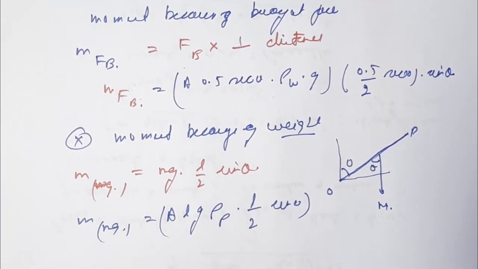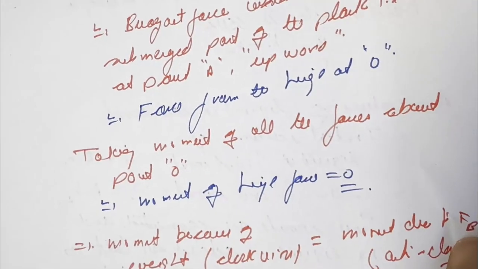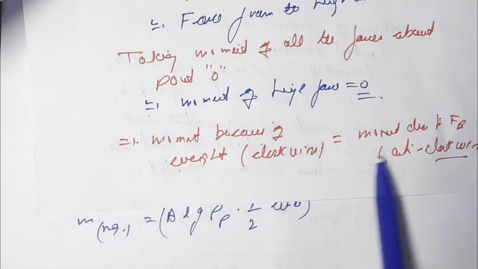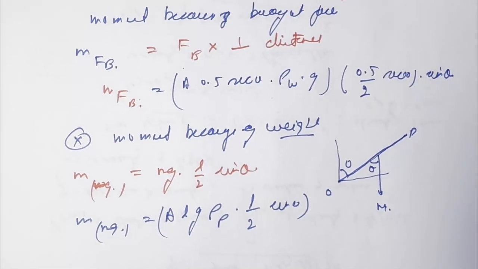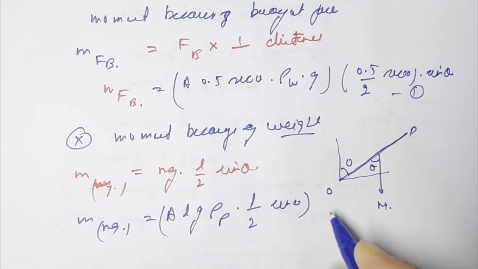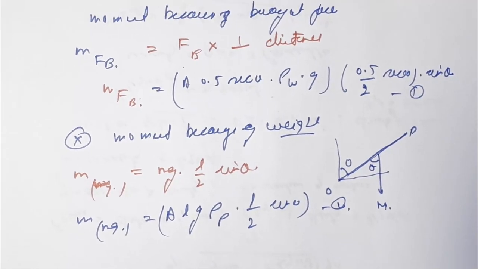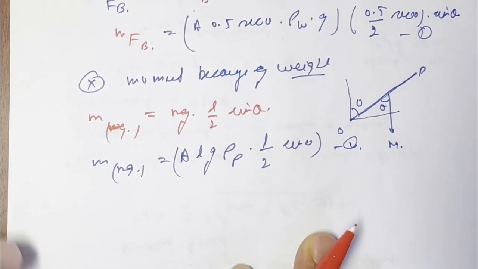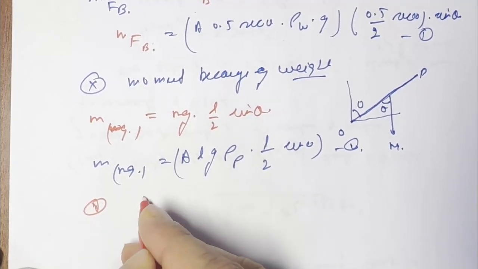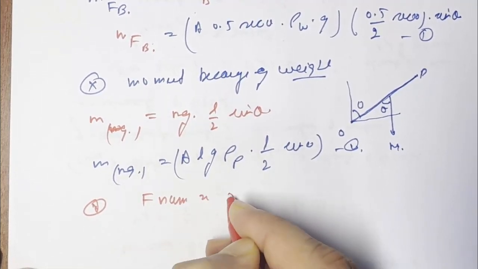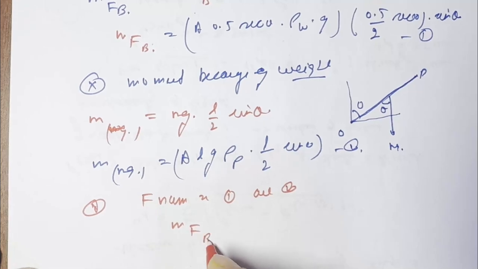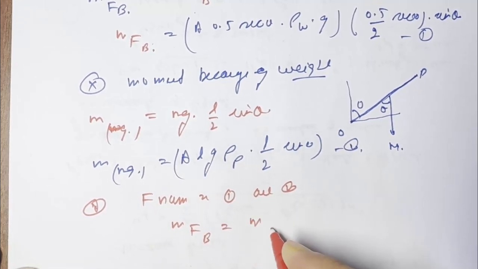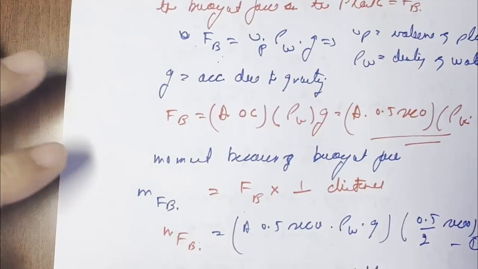In the starting, we just mentioned that the moment of the weight is equal to moment of the buoyant force. So we equate. So let us call this equation number 1, and this is equation number 2. From equation 1 and 2, moment because of the buoyant force will be equal to moment because of the weight. So we substitute the values. Now it is a simple calculation that is left.